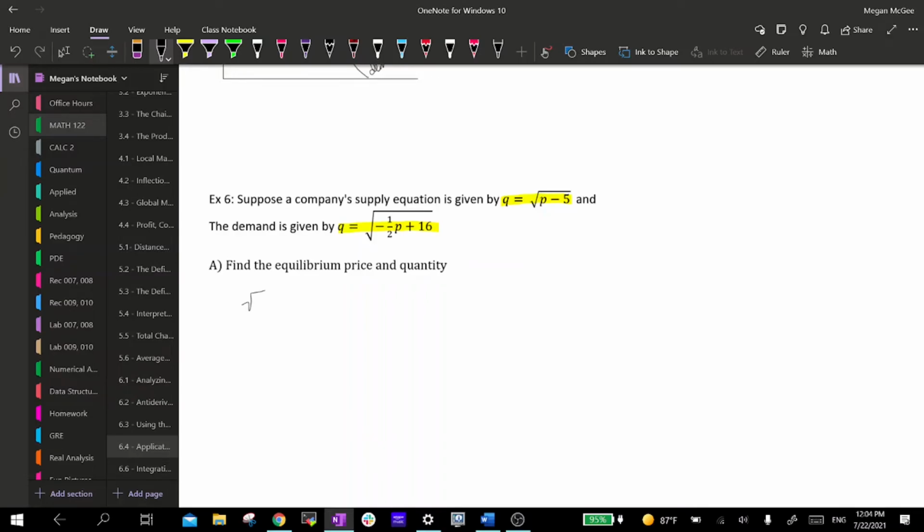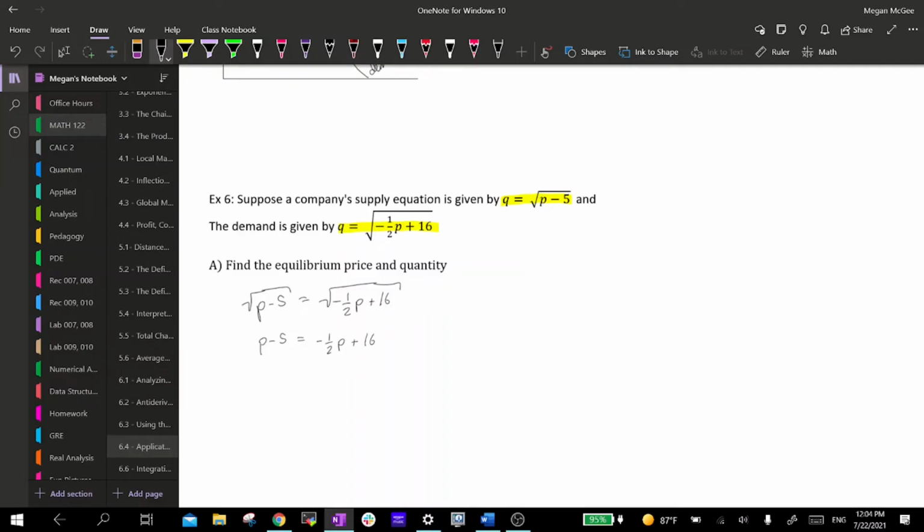So we have the square root of p minus 5 is equal to the square root of negative 1/2 p plus 16. We can square both sides to get rid of that square root. So we have p minus 5 is equal to negative 1/2 p plus 16.